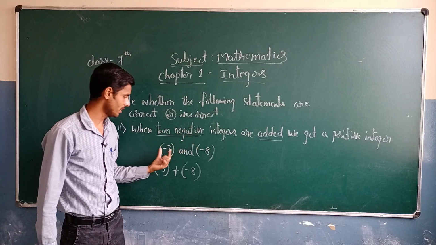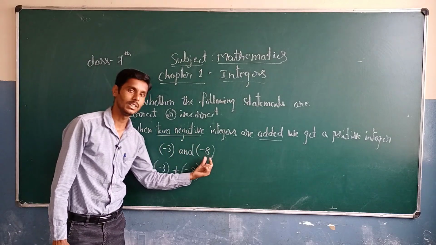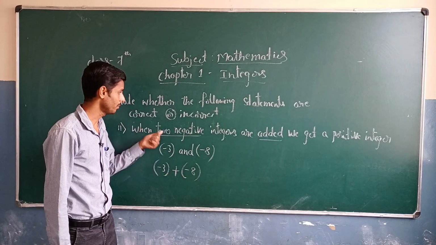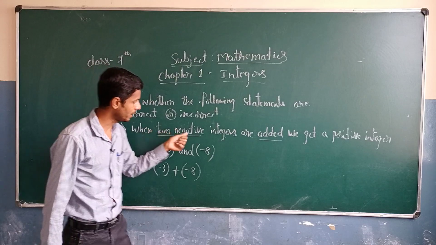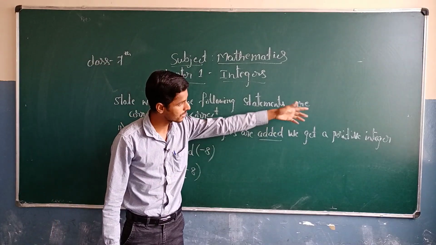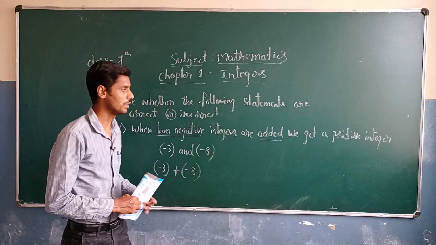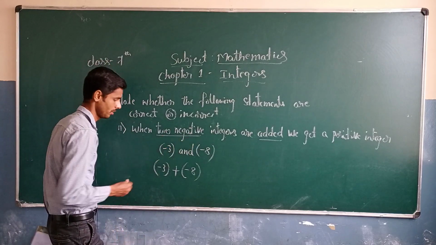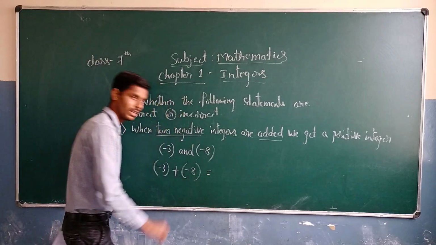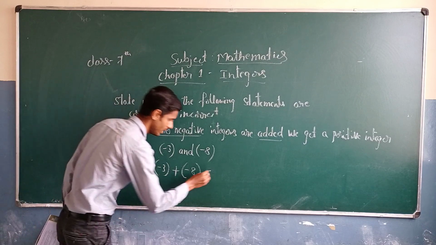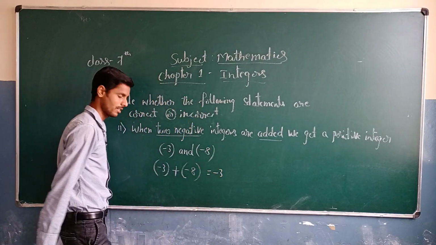Two negative integers we have taken here and we are adding. The statement is when we add two negative integers, we get a positive integer. Let's see which integer we will get. Is equal to minus 3. You can write as it is.